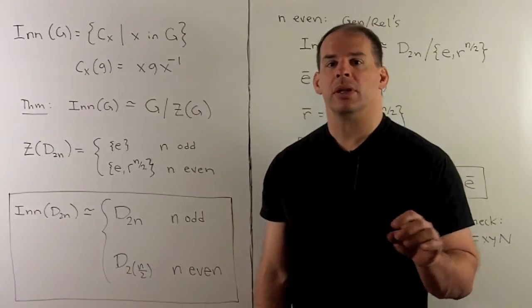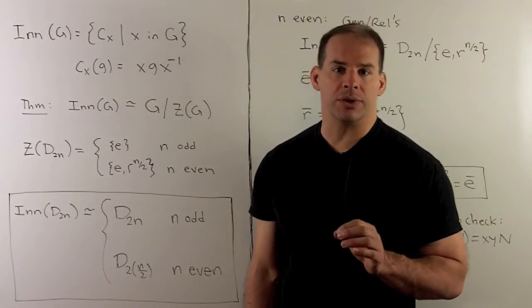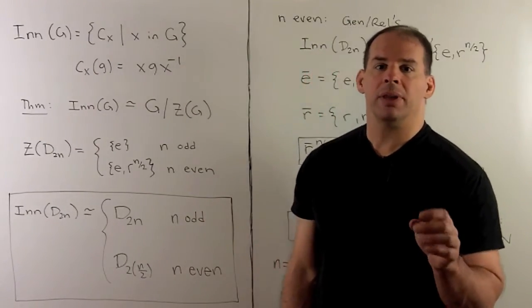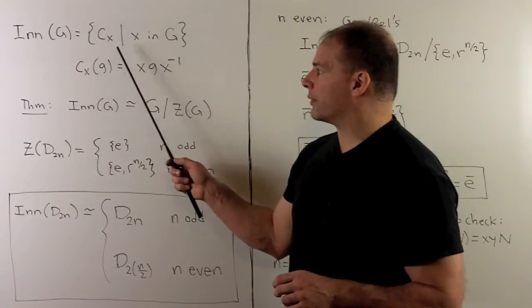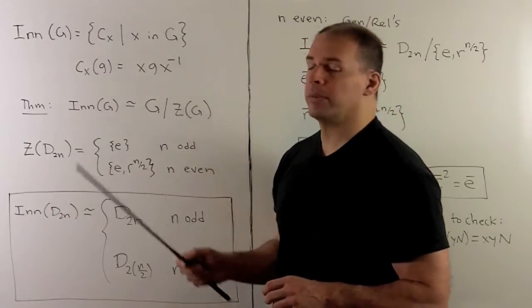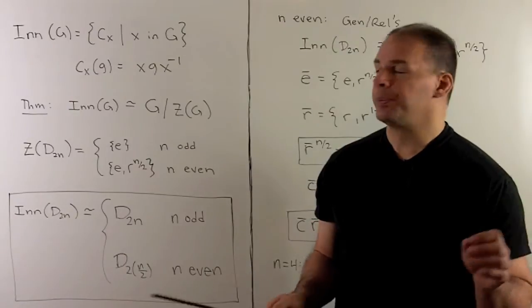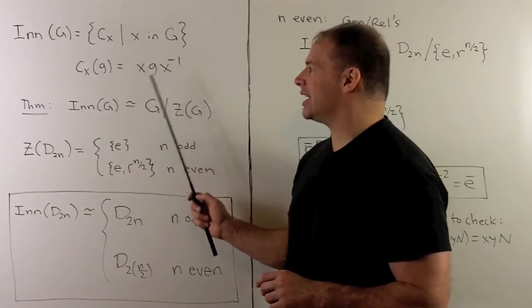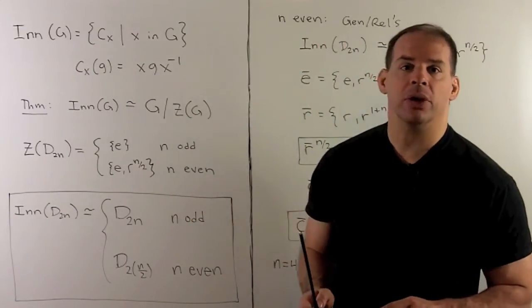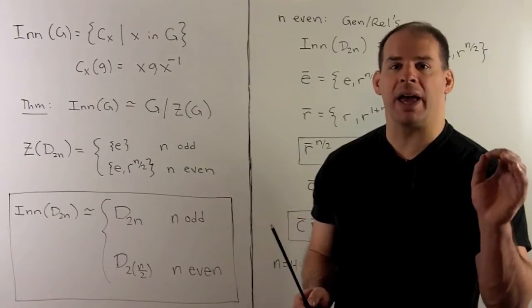Let's compute the normal subgroup of inner automorphisms. Recall, an inner automorphism is an automorphism of the form C sub x for fixed x, where C sub x sends g to x g x inverse. So we're going to conjugate each g by x.